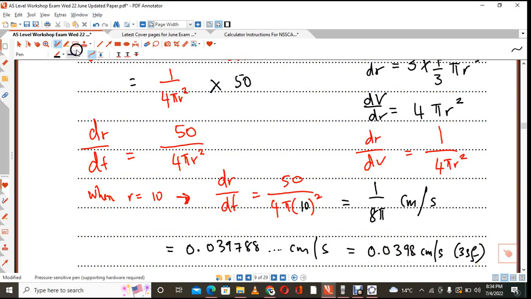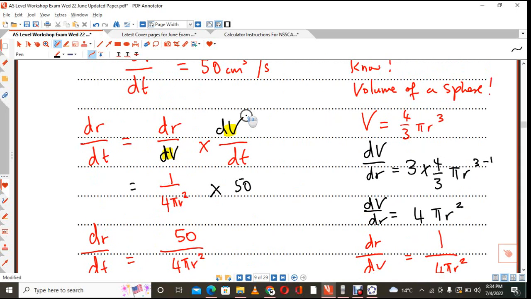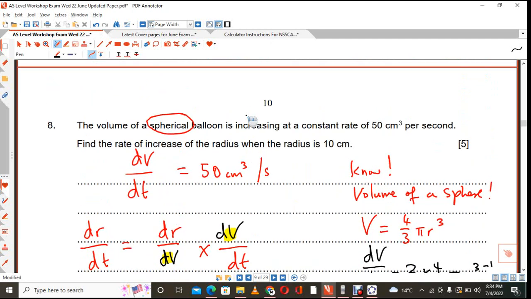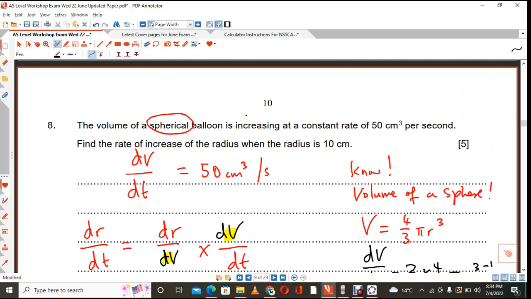But this answer here in terms of pi is 100% correct. All right, so you need to read these types of questions very carefully. This is also a question you can find in your textbook. For those of you who have the y equals mx plus c textbook, I think it is on page 282.